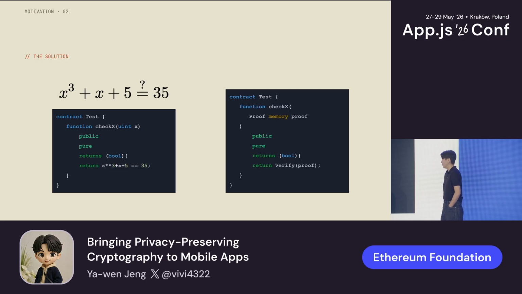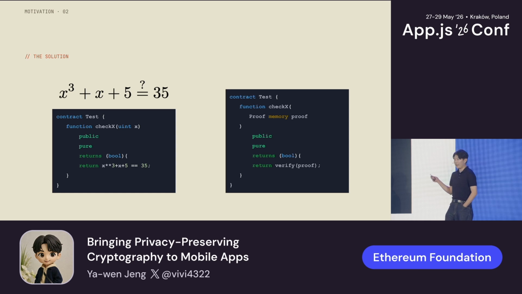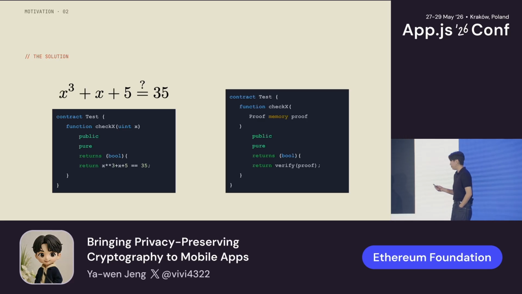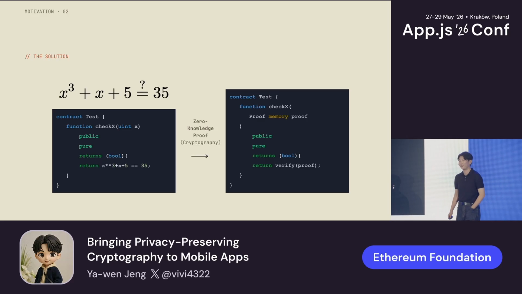On the blockchain, other people just see a cryptographic proof instead of your private input X. Everyone can call the verify function, but they don't know what is inside it. This cryptography is called zero-knowledge proof.